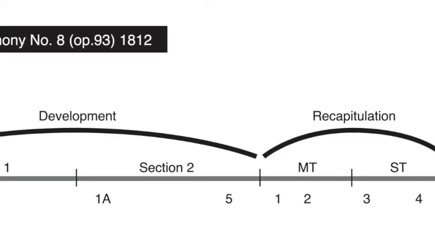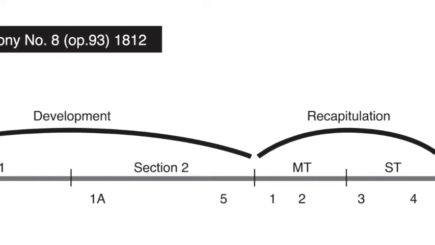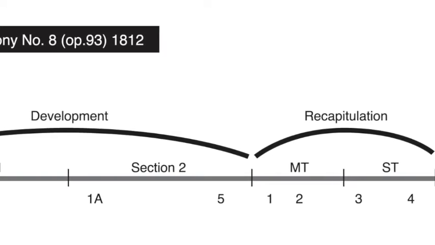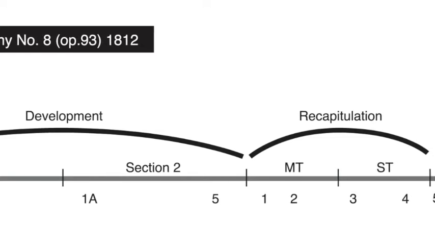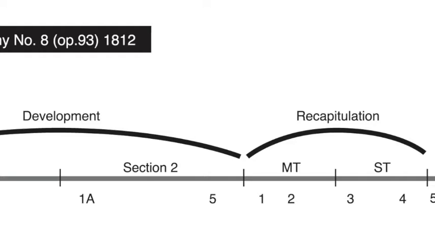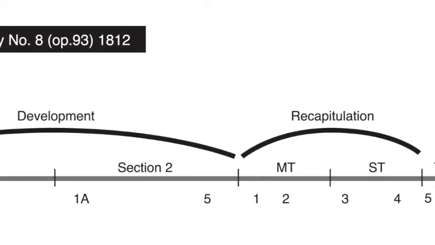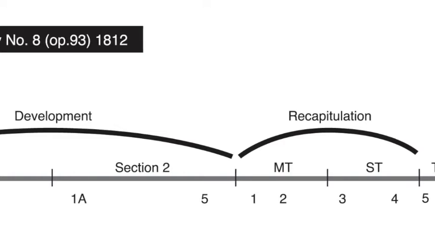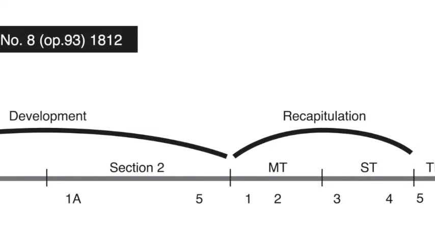So I put section 2 as 1A. And he's moving keys, moving into different tonalities, but underlying the whole section 2 with the fifth motive. So the entire development is actually resting on 5, but building up 1.